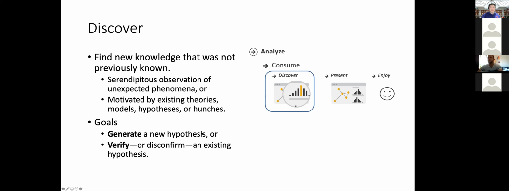Then you can use visualizations to help you generate some hypotheses. Or maybe you think that if the car is heavier, then it will be less fuel efficient. Then you already have some idea, and you can use visualization to verify whether that's correct or not.